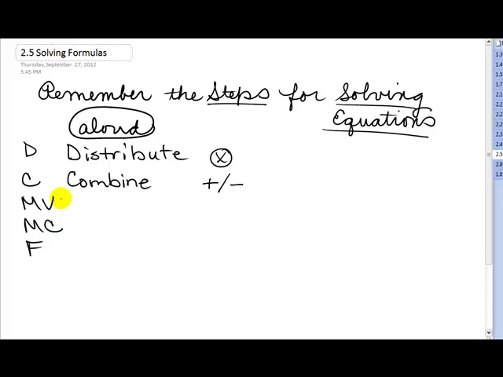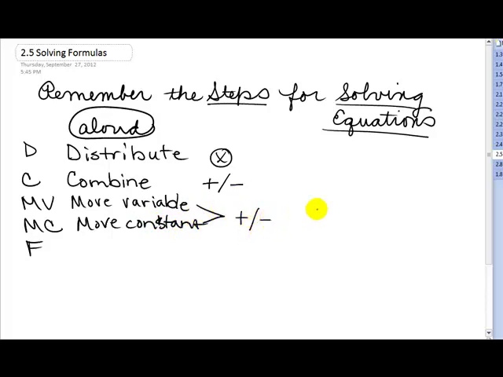The moving steps, doesn't matter which one you do, but this one is move the variable. This one's move the constant. This is also an addition or subtraction step, but you're going to do the opposite.